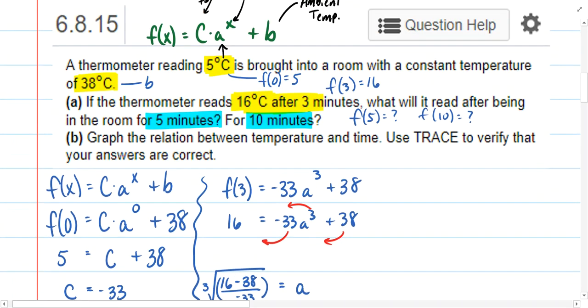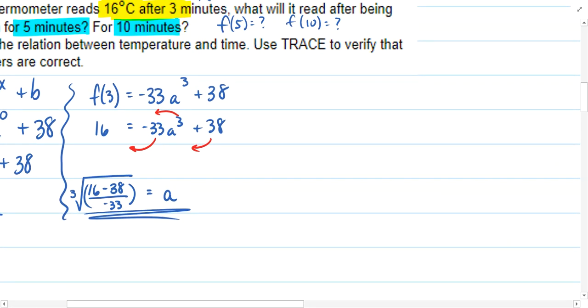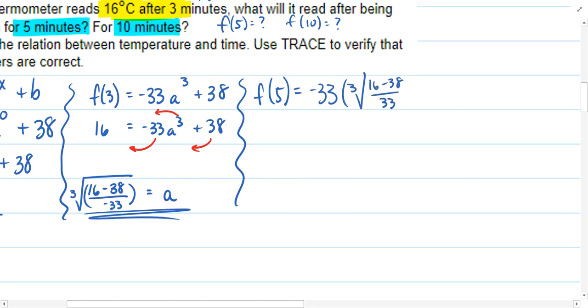So if we look at this modified exponential growth formula, we now have our c value, we have our a value, and we have our b value. If I need to answer question A and evaluate this function at 5 and at 10, I can do so. F of 5 is simply going to be negative 33 times the cube root of 16 minus 38 divided by negative 33.